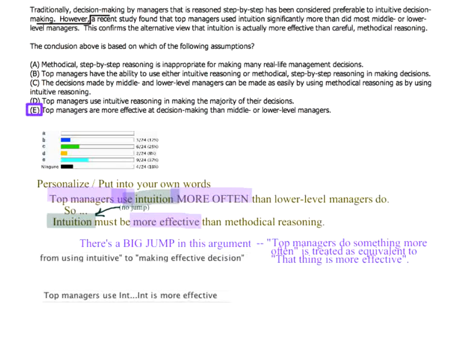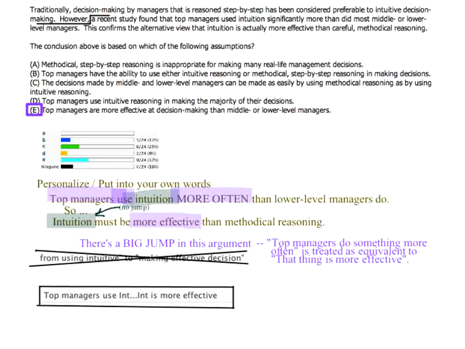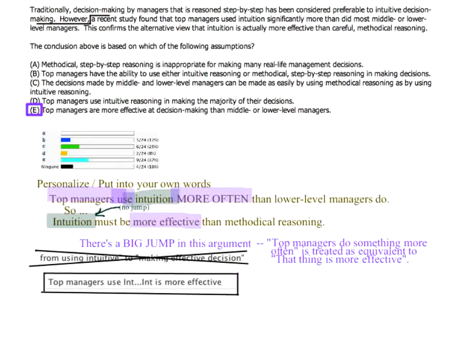So just to make sure you guys who are watching the screen, this is not the right jump. This is the jump that's actually happening. So if you notice that, you can anticipate what the assumption is going to be. Again, you shouldn't be closed off to other possibilities, but you can see where they're going with this.